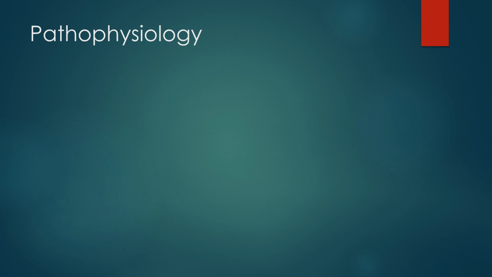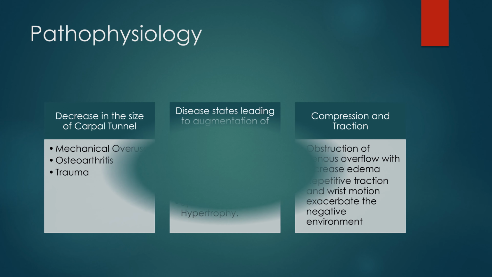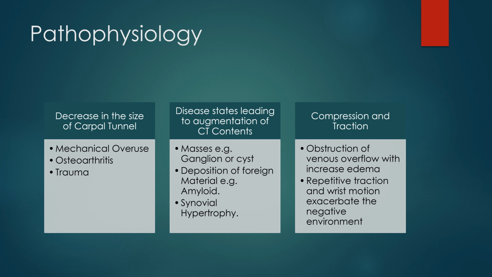Next we will discuss pathophysiology. Pathophysiology depends on three factors. Number one is decrease in the size of the carpal tunnel due to mechanical overuse, osteoarthritis, and trauma.